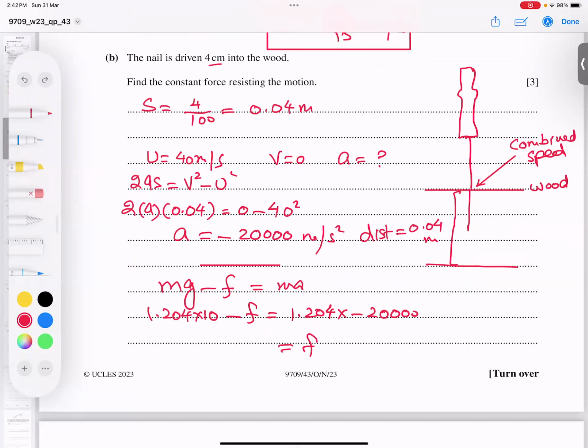The answer is 24092.04. So the frictional force, to 3 significant figures, is 24100, that is 241 and double zeros Newtons. So I believe the point is very clear.